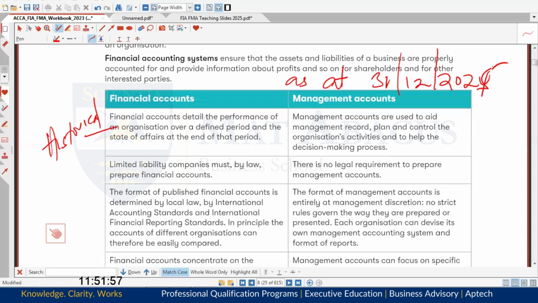However, with management accounting, we say the second pillar of management accounting is to plan. Do you plan for the past? We plan for the future. Okay, so unlike financial accounting, management accounts have to be futuristic. The information has to be relevant. Okay, that means whatever you're planning right now is likely to impact your future.